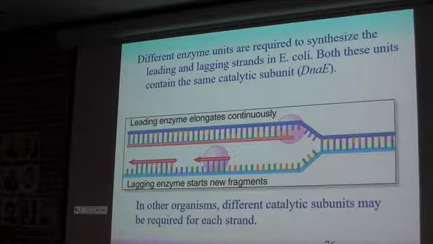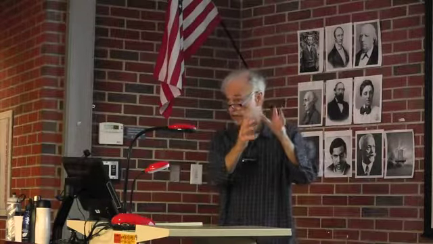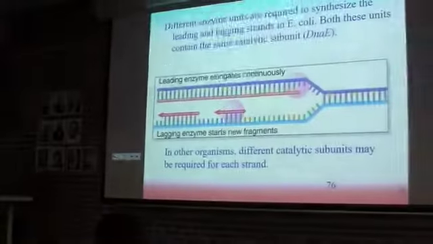Of course, that general strategy of doing both strands, the strands that go with opposite polarities, which is pretty tricky, that strategy of doing them at once in the same complex is followed by all organisms, or at least non-viral organisms.